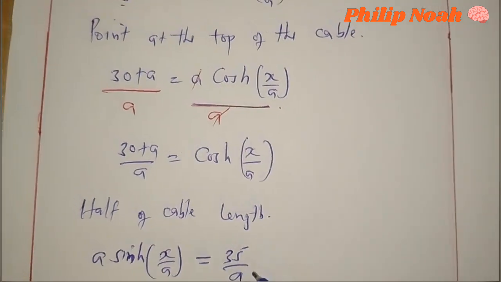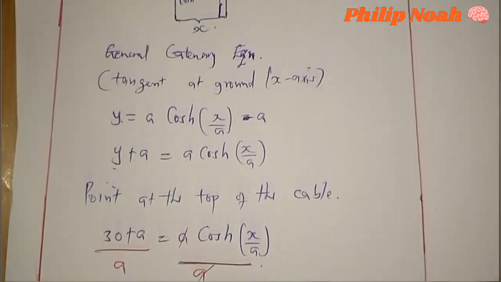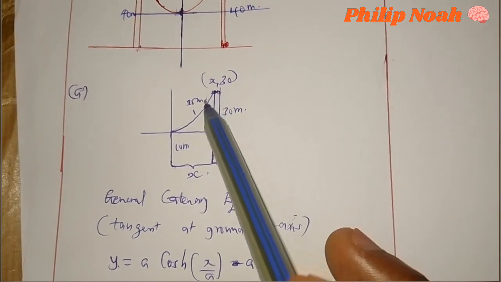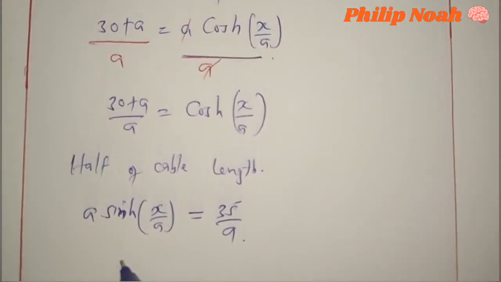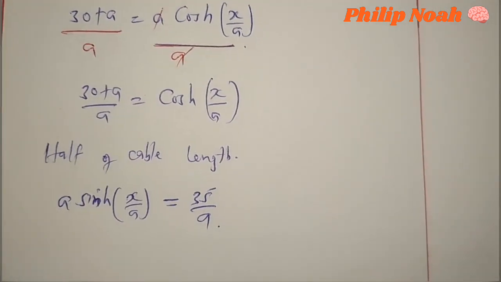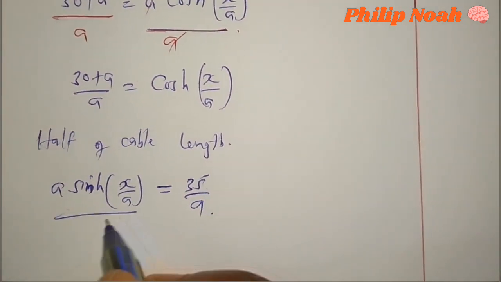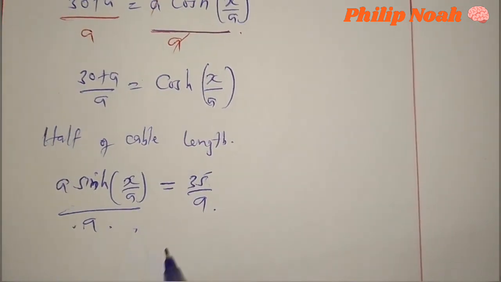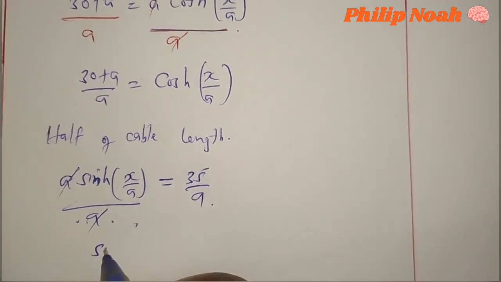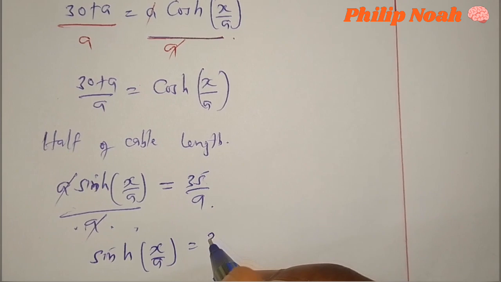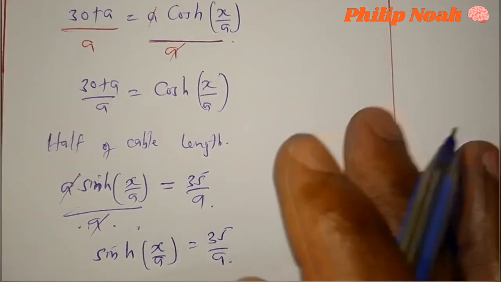Where is this 35 coming from? 35 is the length of the cable, this one. Are we there? Okay. So this is a here. We divide by a, and this and this go, to remain with sinh(x over a) equals 35 over a.